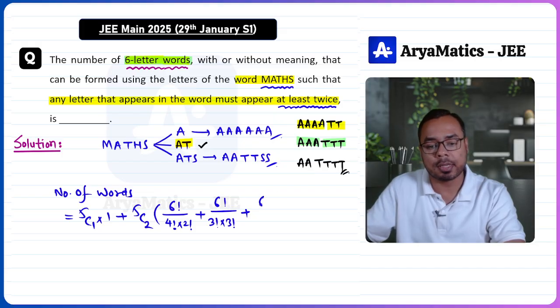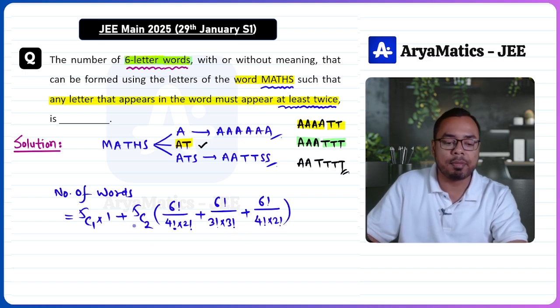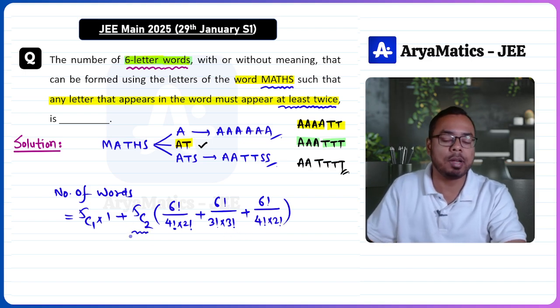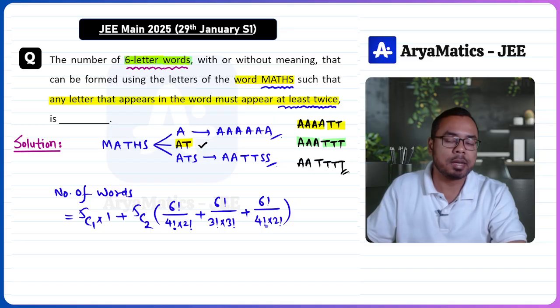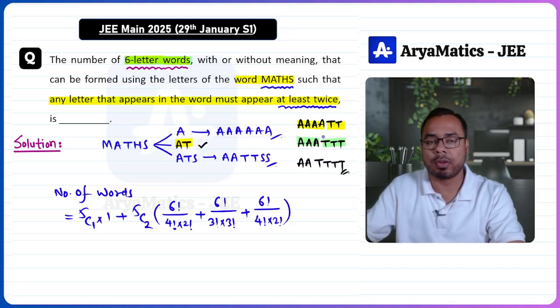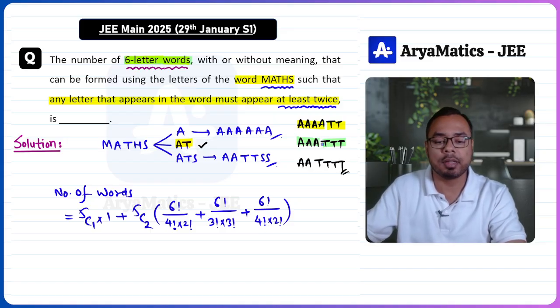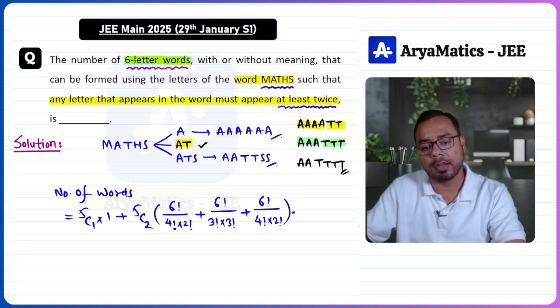And in this last case, again 6 factorial divided by 4 factorial into 2 factorial. So 5C2 is the number of ways of selecting any 2 letters, and corresponding to each selection, these many words you can create. These are the 3 cases: either you are using each letter 3 times, or the 2 cases when you are using one letter twice and the other one 4 times. So this will be the second one.